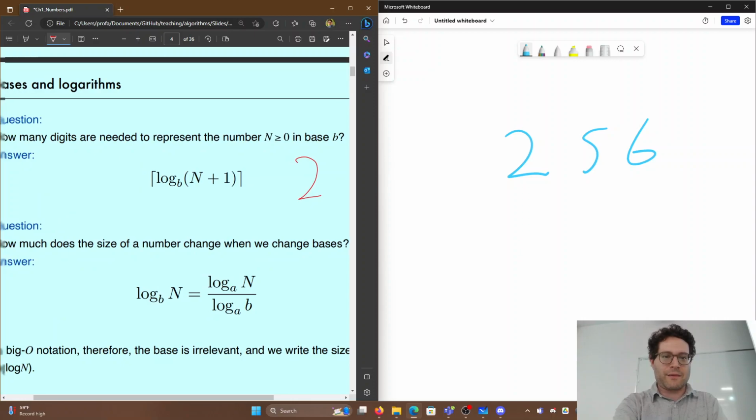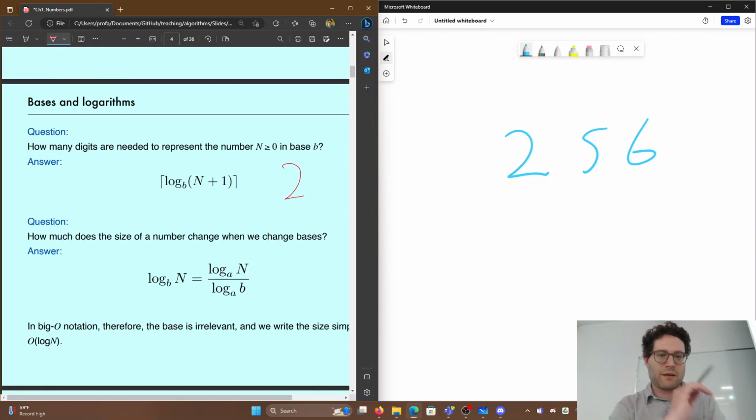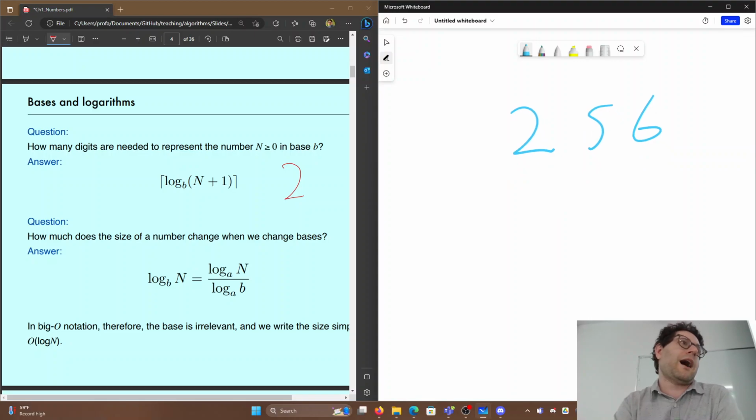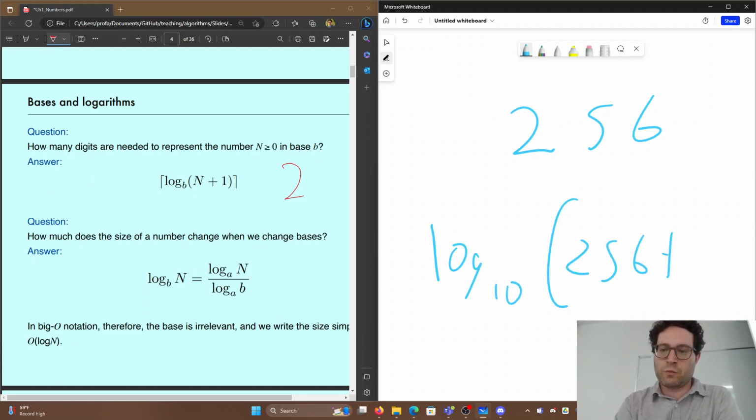So how many digits are needed to represent the number n in a certain base? For base 10, obviously we're looking at it in base 10, we can see 3, but let's plug it into the formula. Log base 10 of 256 plus 1.